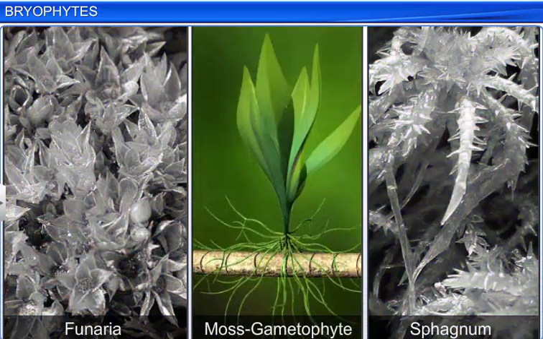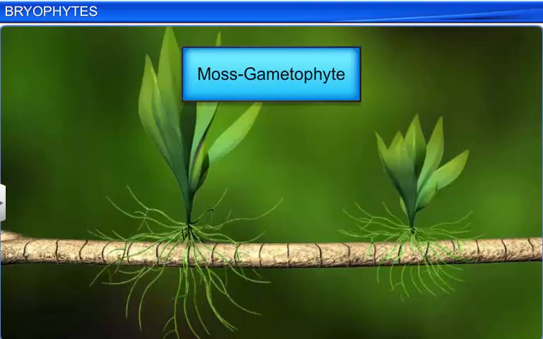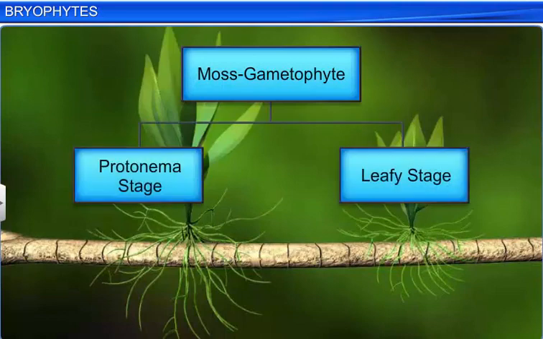A moss undergoes several stages in life, wherein the gametophyte stage is the most predominant one. The gametophyte stage has two substages, protonema and leafy stage.